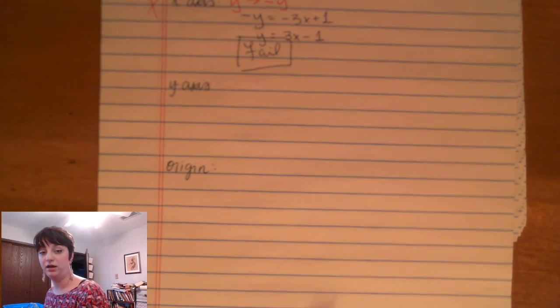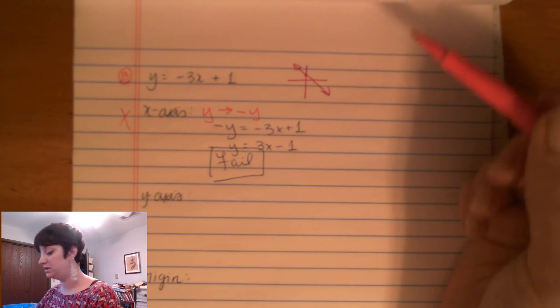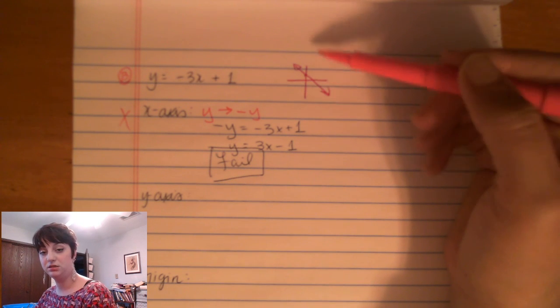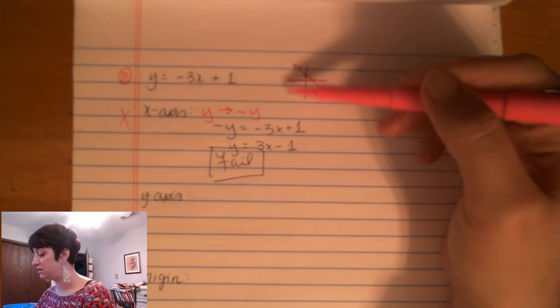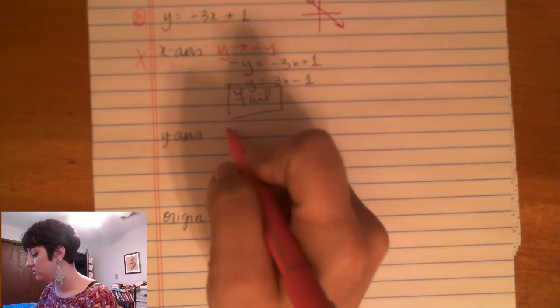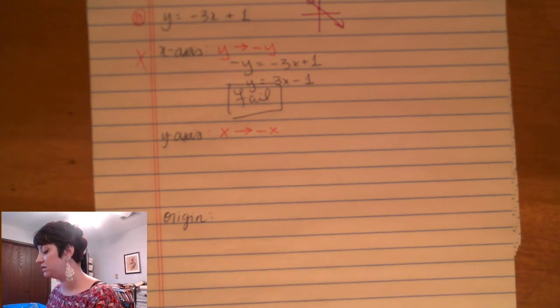Y-axis. Okay, so the replacement for this, if I'm doing y-axis, I'm going to go from positive x's to negative x's because that's how my y-axis splits. So I'm going to replace x with negative x and see if I end up with the same thing.